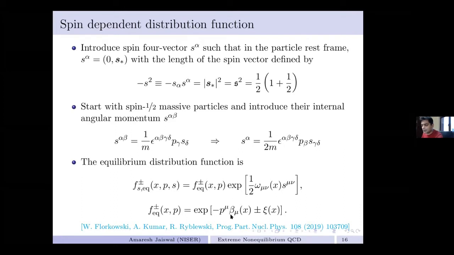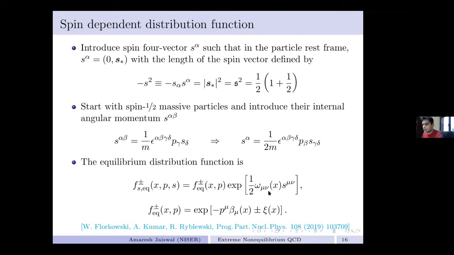Beta mu is u mu by T, and psi is the ratio of chemical potential over temperature. For particles and antiparticles, we have plus and minus signs. And this omega mu nu, which we call the vorticity tensor, is like the Lagrange multiplier for spin.